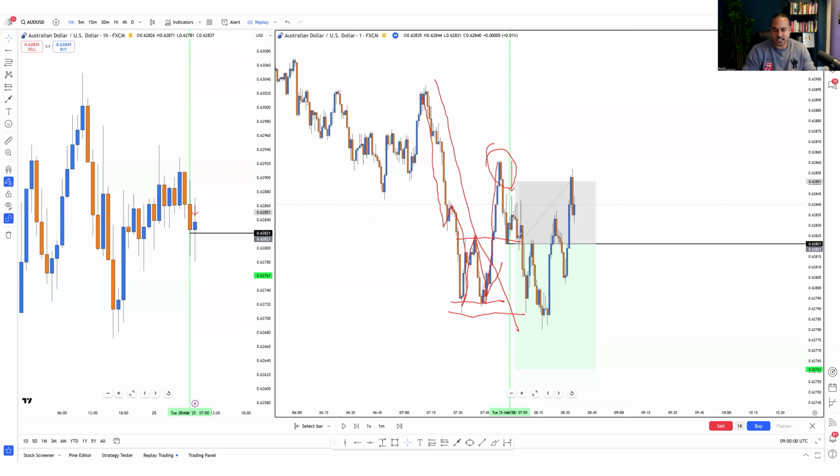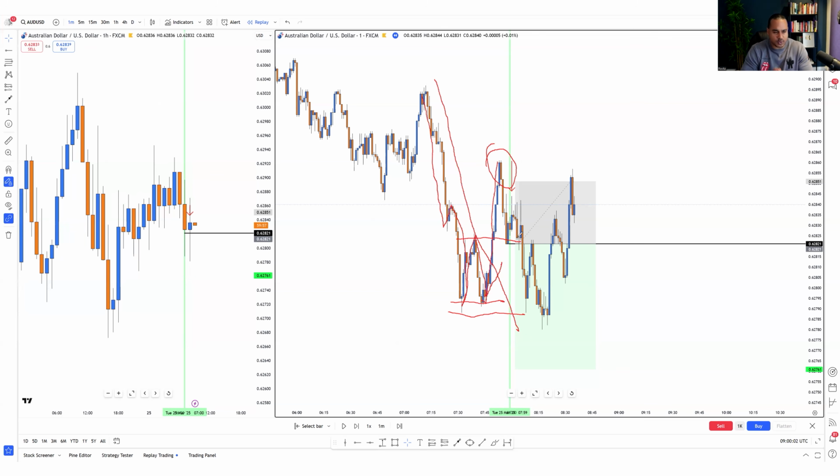So as important as it is to understand that the previous candle closed bearish, and we expect the next candle to go bearish, the patterns and the entry method you use on the lower time frames are equally, if not more, important. Because the small nuance here is that if price was going to continue down, then we respect this lower high, we come back for a double top, or we make a lower high and continue down, and none of that happened.